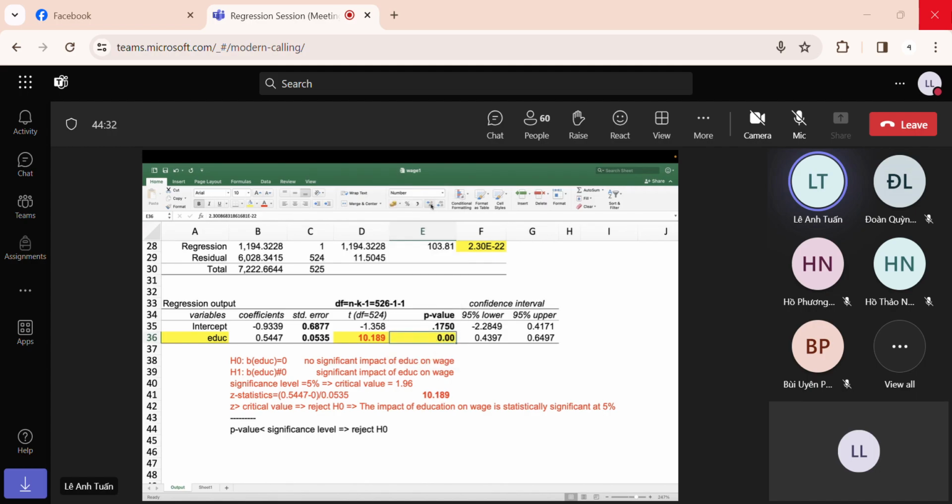Actually, this is a very small number, right? When you see a number like this, it's very small. That means it is equal to zero.